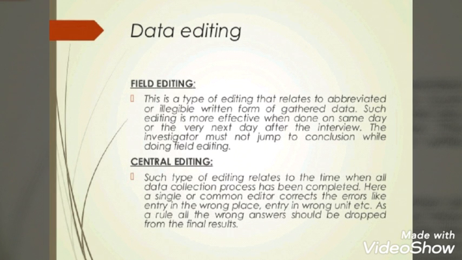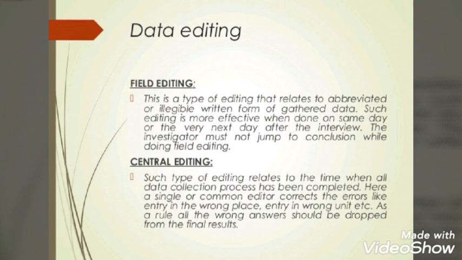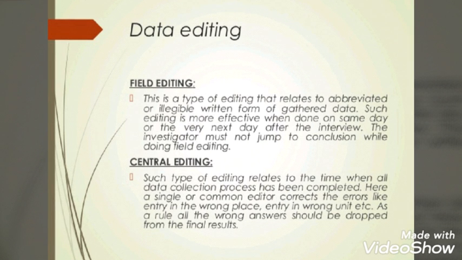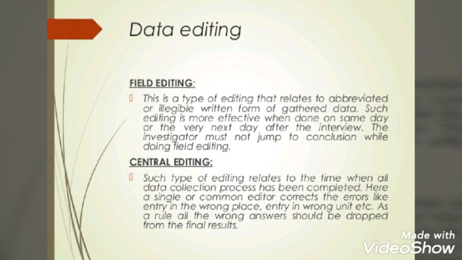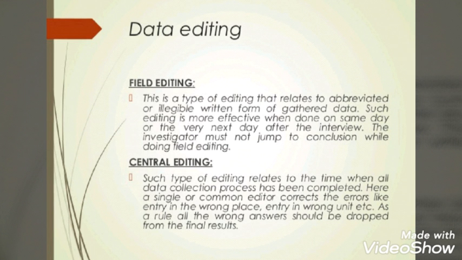Such editing is more effective when done on the same day or the very next day after the interview. The investigator must not jump to conclusions while doing field editing. It also helps the person to edit the data more accurately and more precisely when it is done on the same day or the very next day.